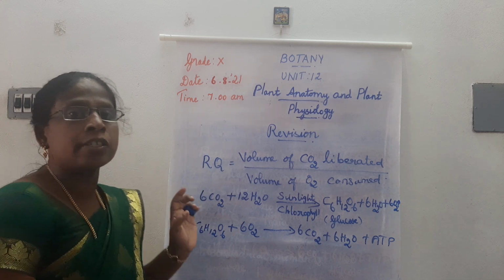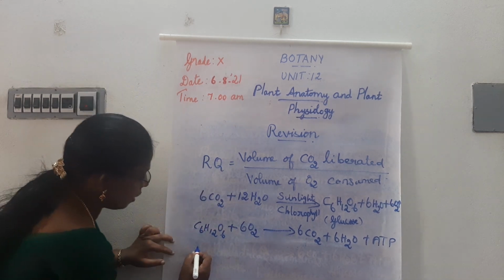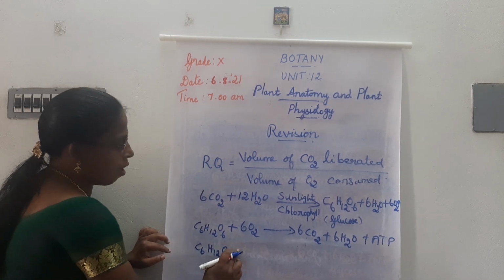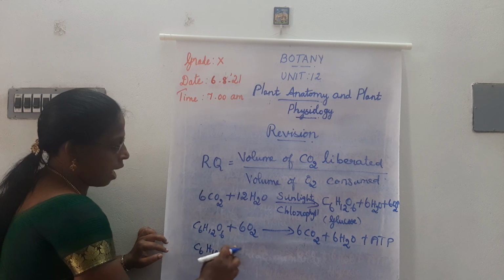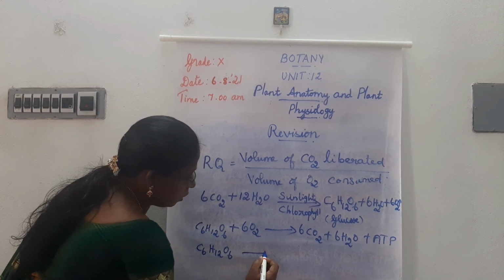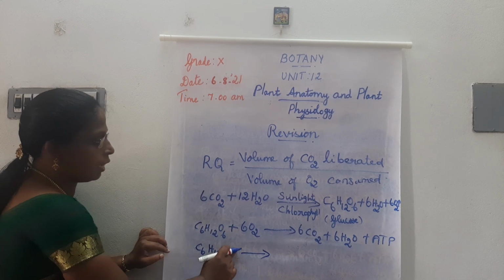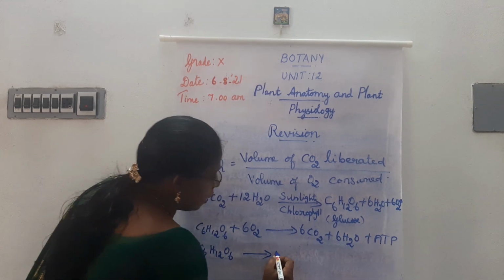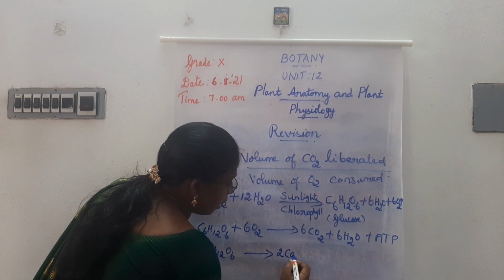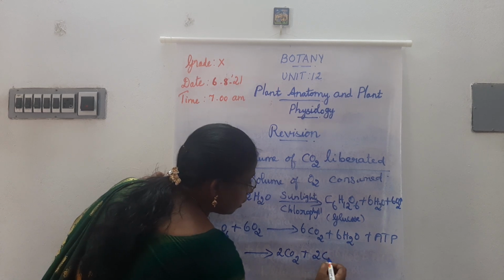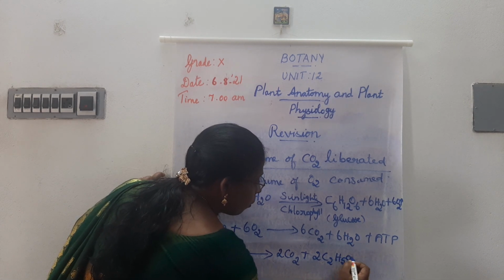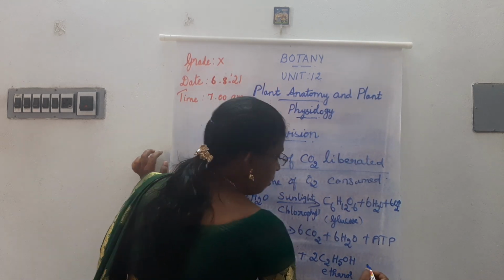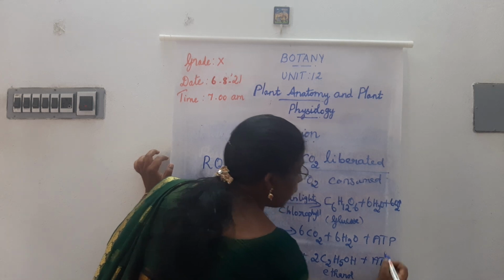Next is the reaction for anaerobic respiration. Here the food molecule is glucose, C6H12O6. In the absence of oxygen, so you should not write oxygen here, the glucose is converted into carbon dioxide plus ethanol, C2H5OH, which is the molecular formula for ethanol or ethyl alcohol, plus a small amount of energy.